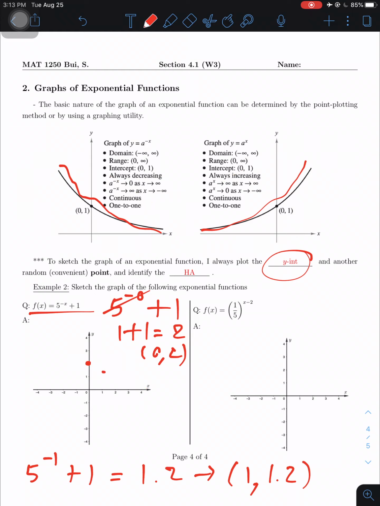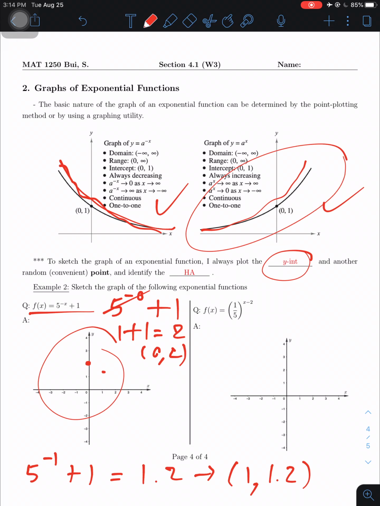So let me go back. Okay, so you have two options, either this one or that one, right? My instinct tells me that it's going to look like this one. Why? Because it's easier for me to draw it that way. So I'm going to draw it like this, okay? If you ask me why I don't go for that one, I'm going to ask you, can you draw this picture, like how to connect these 2 points in this manner?